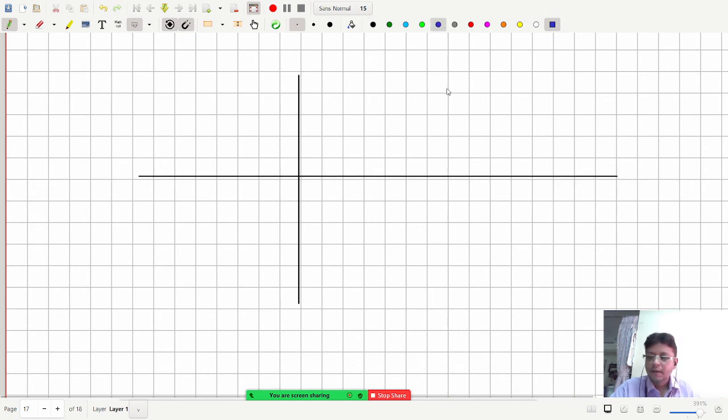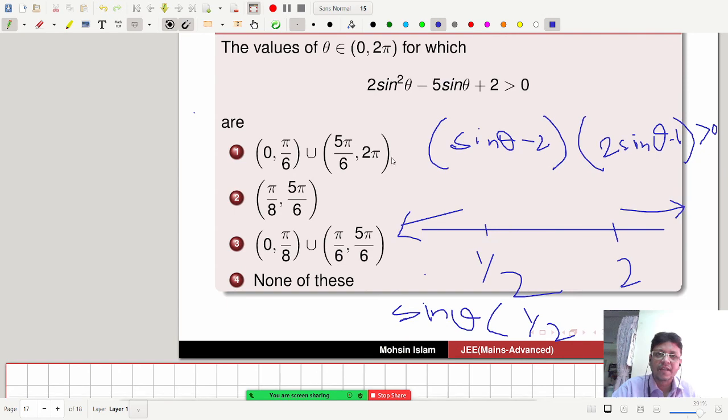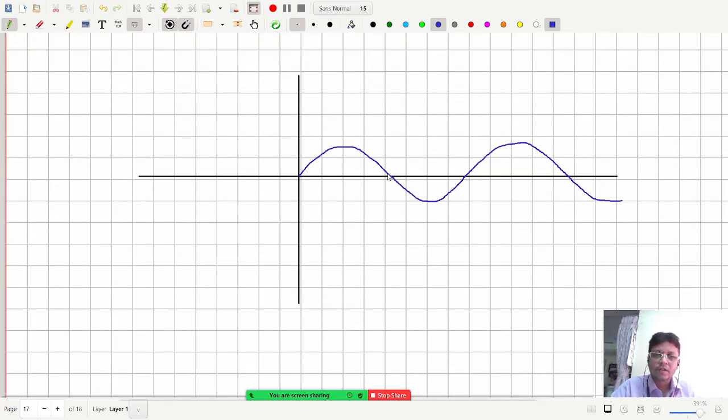Now again you have to draw sine theta, and you have to draw the half line. This is sine theta from 0 to 2 pi. Okay, this is pi, this is 2 pi only. And let's draw y equal to half line.